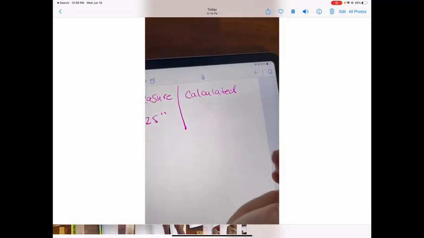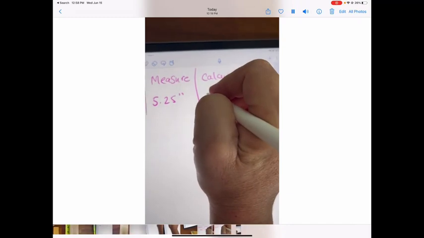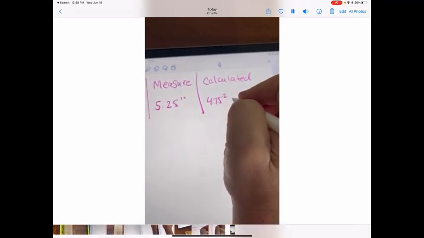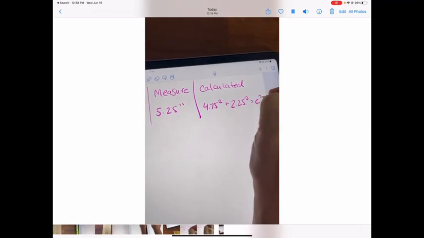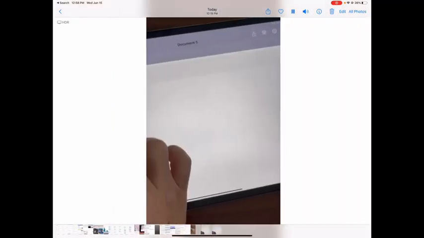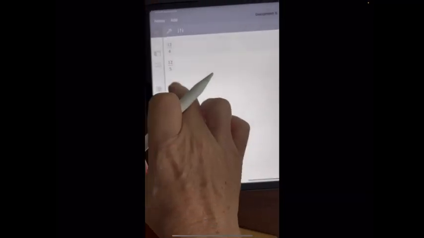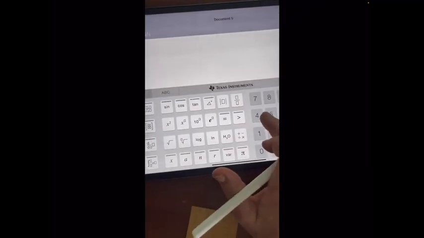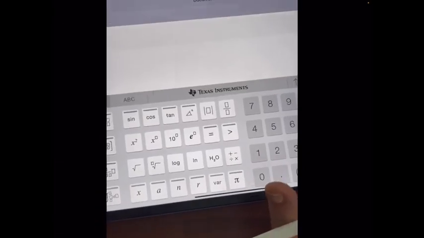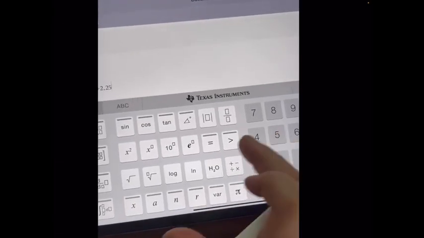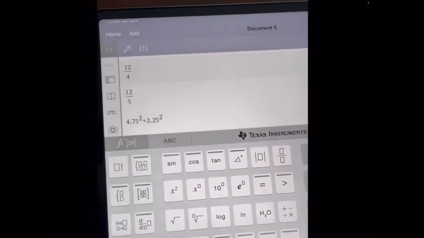Now finally the calculation: leg 1, which is 4.75 squared, plus 2.25 squared, equals C squared. On my calculator, 4.75 squared plus 2.25 squared gets me 27.625.